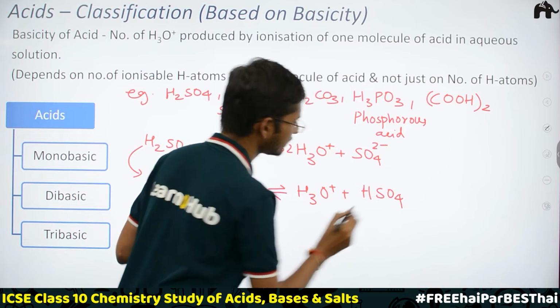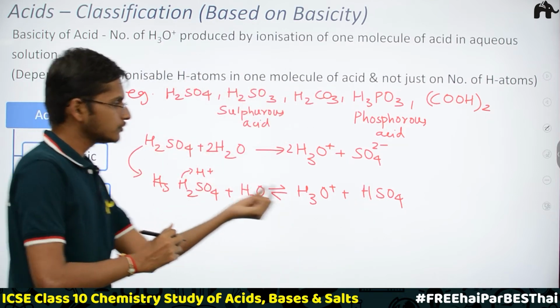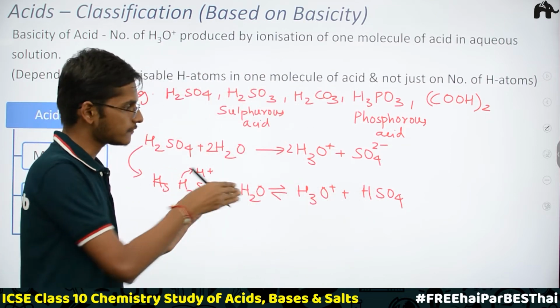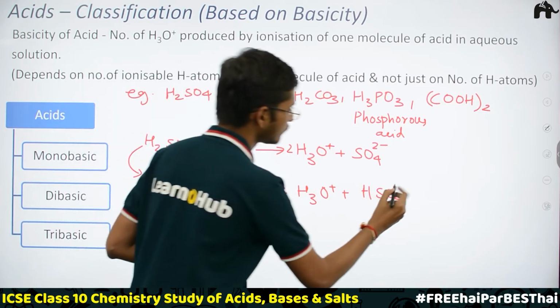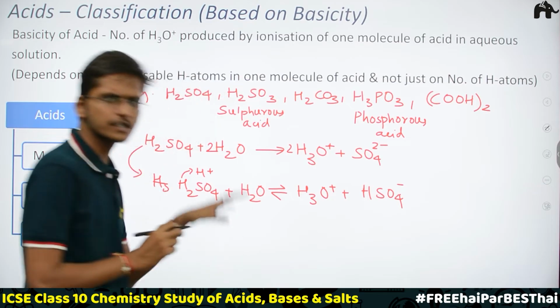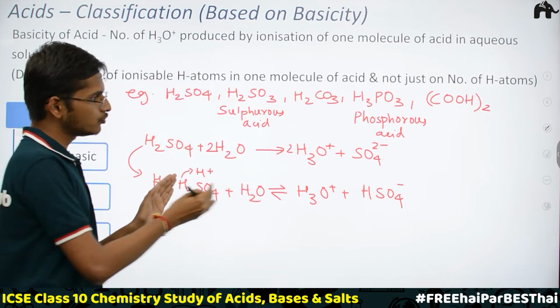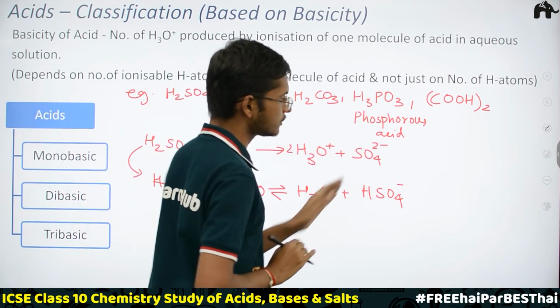Now, I have told you a trick: you just have to balance the charges of the ions which are formed. H3O plus has a 1 plus charge, so the other would be 1 minus. Or else you know that SO4 is 2 minus.